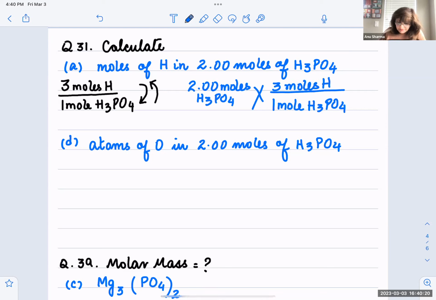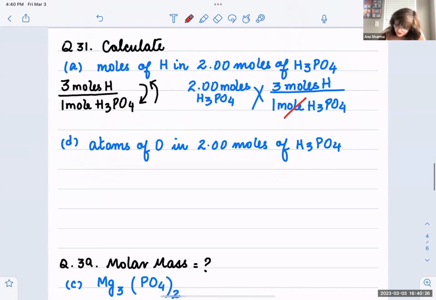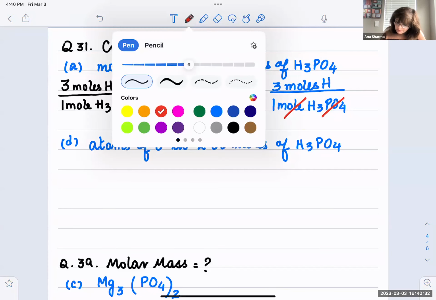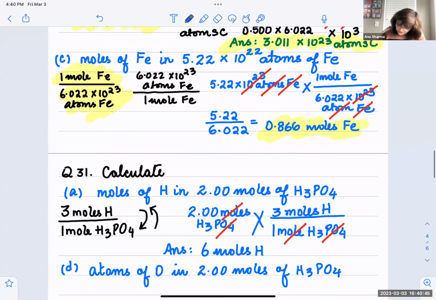That becomes the conversion factor. This allows you to cancel out the moles of H3PO4, and you are just left with the moles of hydrogen. So you just do a multiplication, which is 2 times 3 is 6 moles of hydrogen. Okay, so that's the answer.